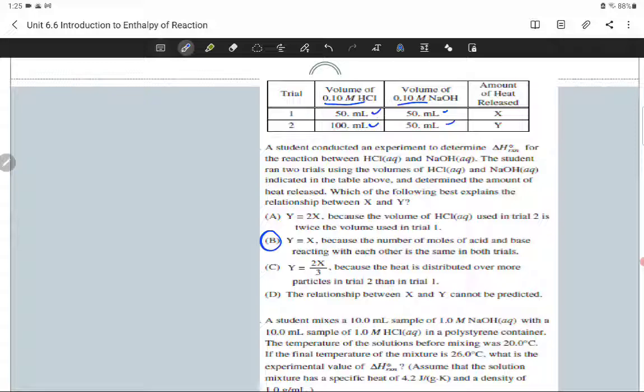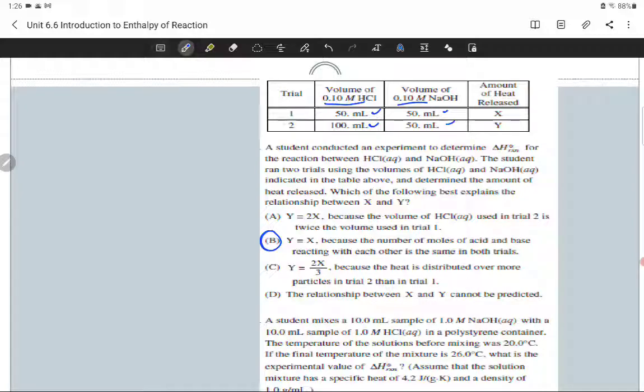So I'm just trying to think about which direction this question could be taking us. It says the amount of heat released for trial 1 is X, for trial 2 is Y. Since they both have the same amount of limiting reactant, they're going to be able to react in the same exact amount of chemical reaction. So they should theoretically release the exact same amount of heat. Now, will the change in temperature be the same?